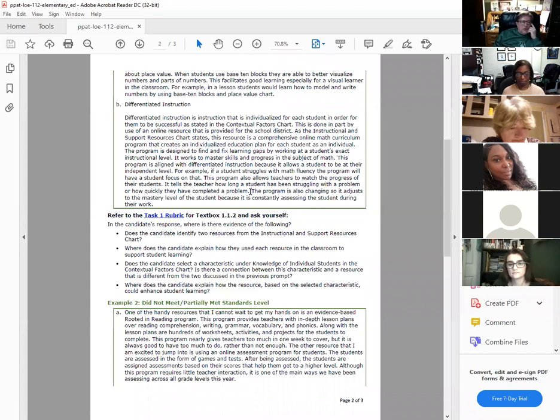Are those two charts for us to do and turn in now, or are we just supposed to be looking at them now to get an idea of it? Those two charts? The ones that you just went over, and not the contextual factors and the other one, but the one that we just talked about. The contextual, the support resources, I think. All those are due.